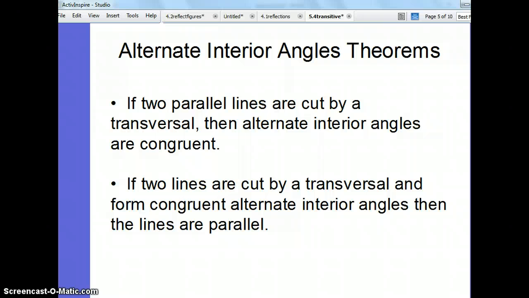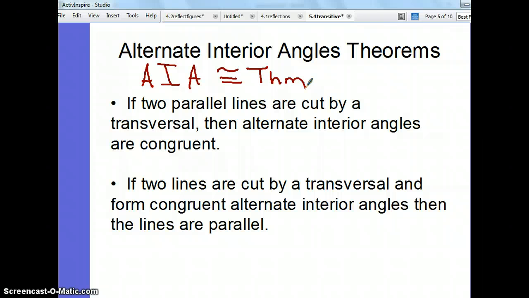This is called the alternate interior angles theorem, or we will often abbreviate it as the AIA congruence theorem, AIA standing for alternate interior angles. So if two parallel lines are cut by the transversal, then the alternate interior angles are going to be congruent.